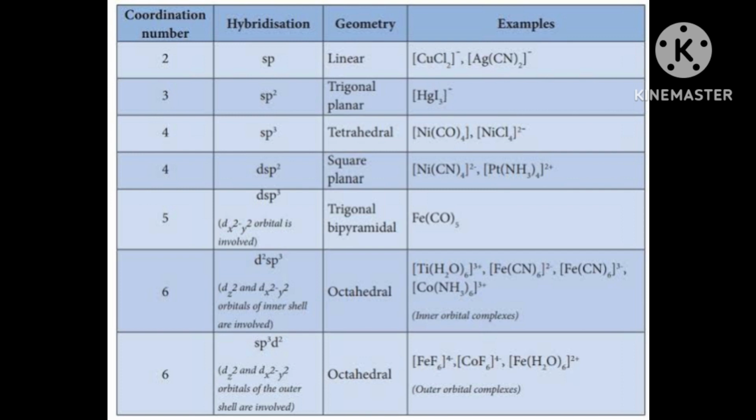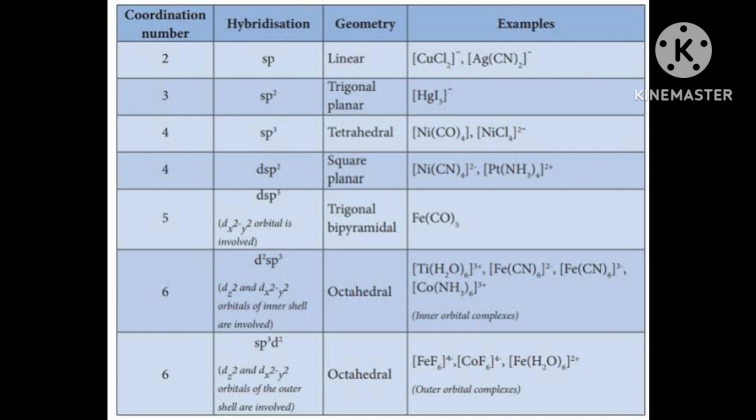Then all these empty orbitals will take part in hybridization. This is very important: empty orbitals also take part in hybridization. Sometimes orbitals having 1 electron, half-filled, can also take part in hybridization, and sometimes fully filled also, but that is less common. Half-filled is common.